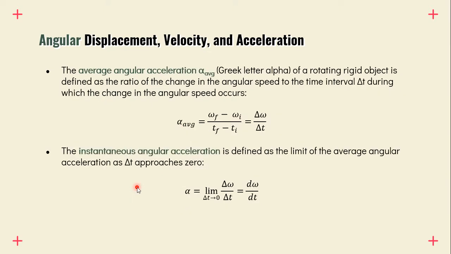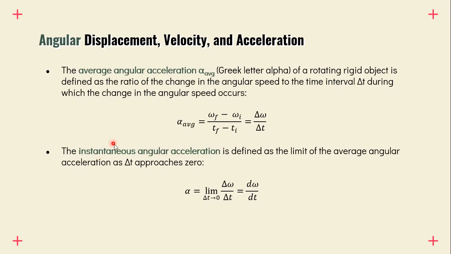The average angular acceleration, represented by the Greek letter alpha avg, of a rotating rigid object is defined as the ratio of the change in the angular speed to the time interval delta t during which the change in the angular speed occurs. So alpha average is equal to the final angular speed minus the initial angular speed, all over the final time minus the initial time, which is equal to delta omega over delta t.